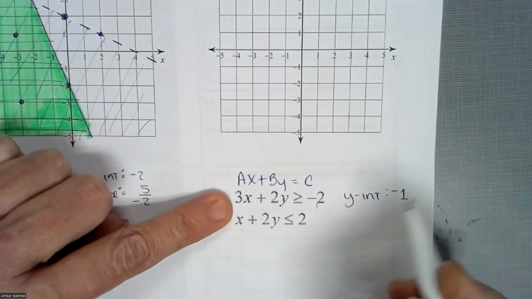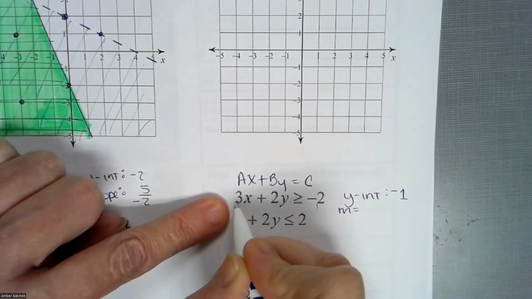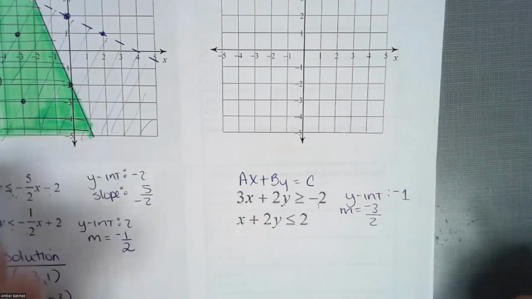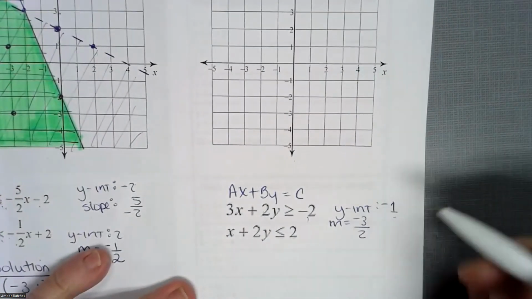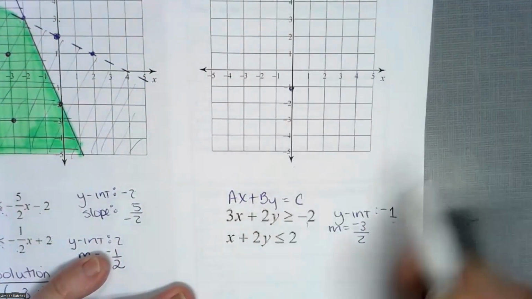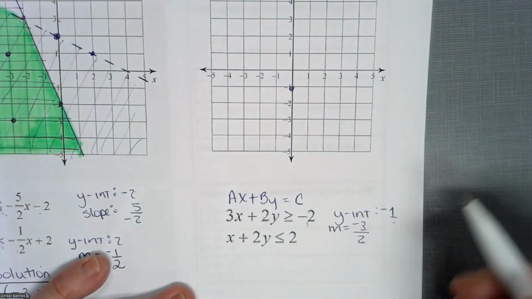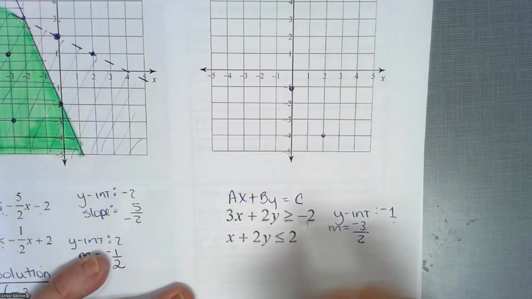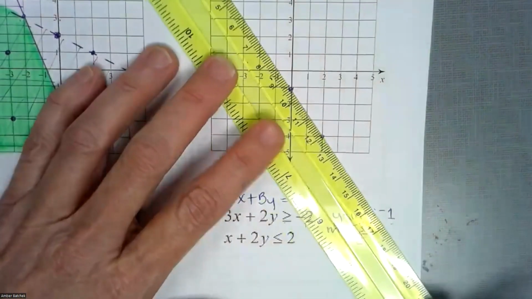To get my slope, I'm going to do the opposite of a divided by b. And now let's graph this. So we've got a y-intercept of -1. We're going to go down 3 and right 2. 1, 2, 3, 1, 2. Solid line because we have an equal to bar.